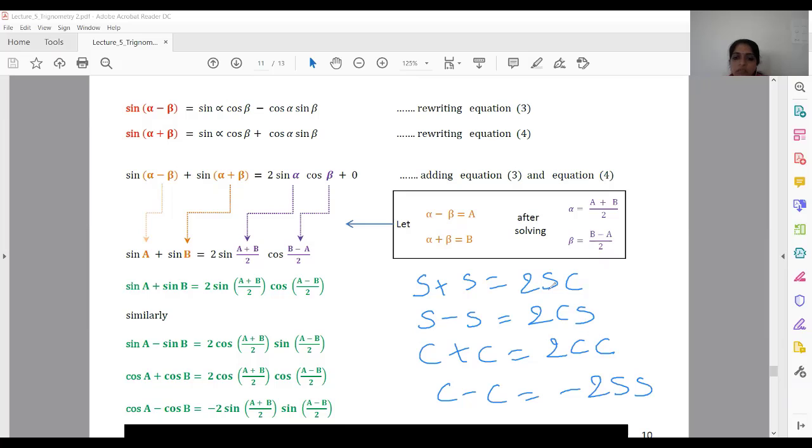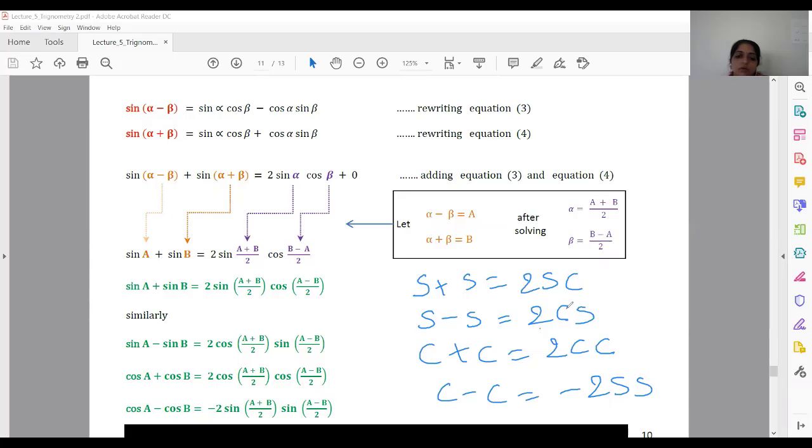In the first function, we are adding the two thetas by 2, and in the second function we are subtracting the two thetas by 2. We will do this in all equations. So again, sin A minus sin B equals 2 cos (A plus B) by 2 sin (A minus B) by 2.